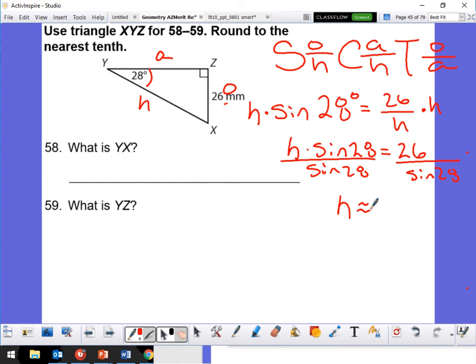What did you get? 55.4. And my instruction says round to the tenth. All those people are still working on it.